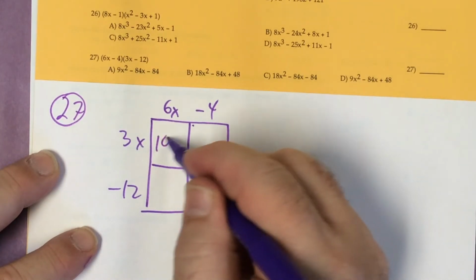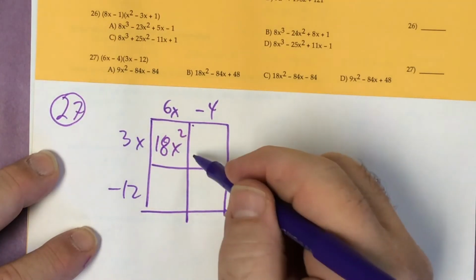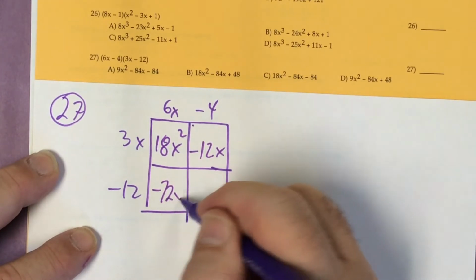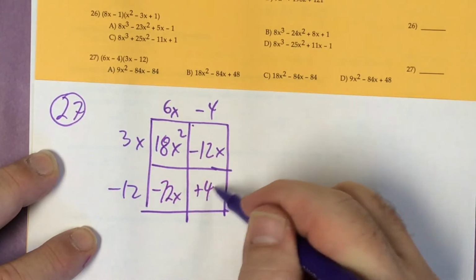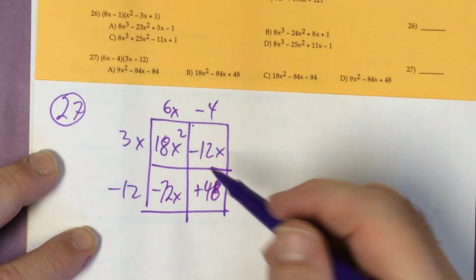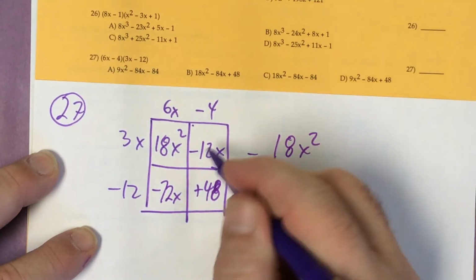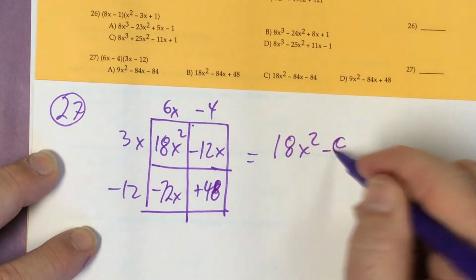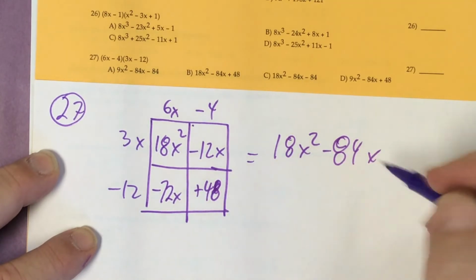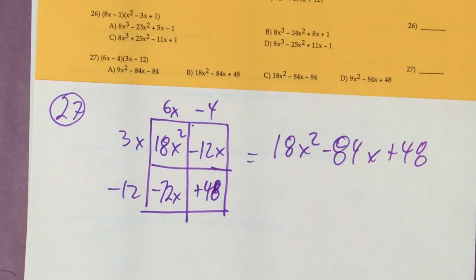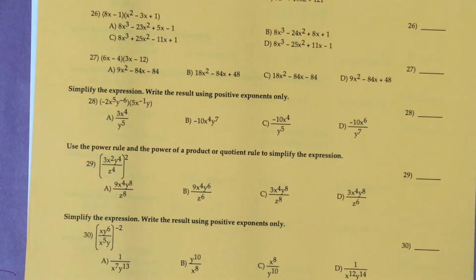So that's going to give me 18x squared minus 12x minus 72x plus 48. Combine those, that's going to give me 18x squared minus 84x plus 48. And that's going to be my final answer for question number 27. Let's go ahead and take a look now at question 28.